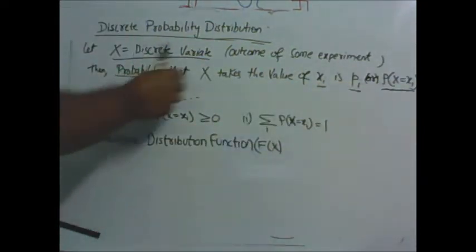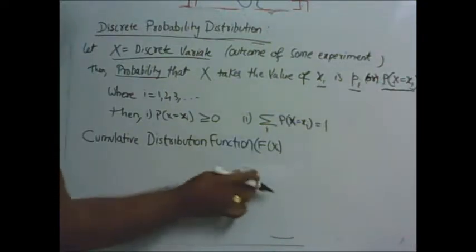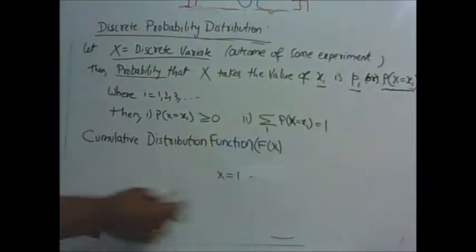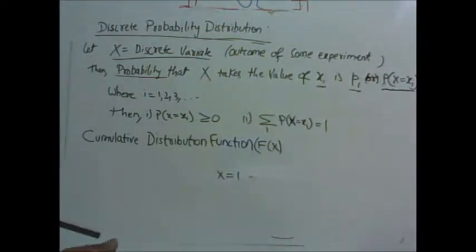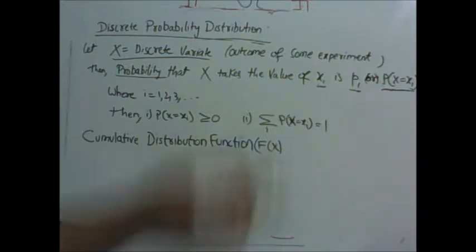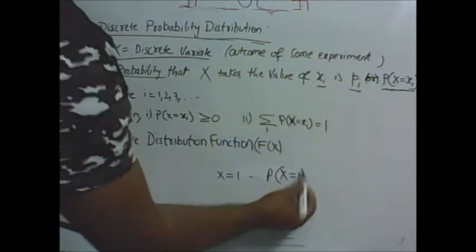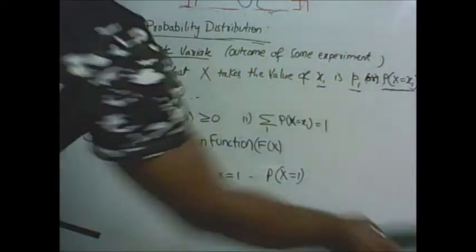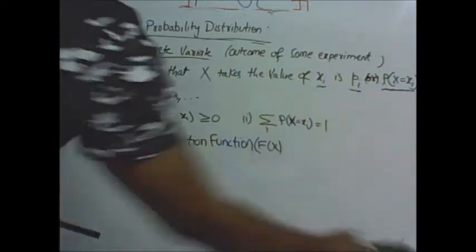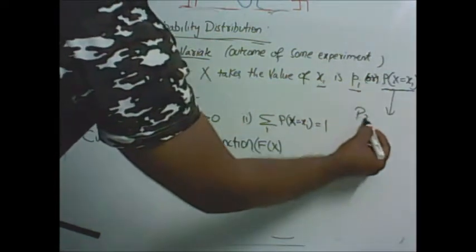Say, let x equal to 1. Then, if in a question x is some outcome and that outcome value has to be 1, the probability that its value is 1 is denoted by p of x equal to 1, like that. That is an example. Now this p function is nothing but the probability mass function.